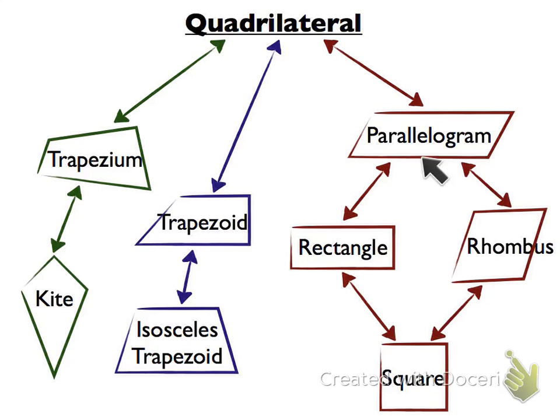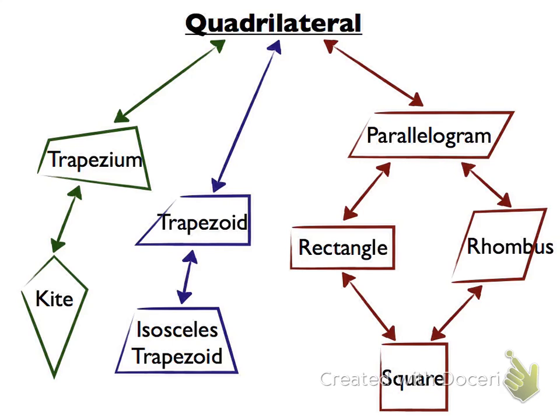So a rectangle is a parallelogram, which is a quadrilateral. Okay, so let's look at the isosceles trapezoid. So an isosceles trapezoid is a regular trapezoid, which is a quadrilateral. Do you get the idea? So a rectangle is always a parallelogram.